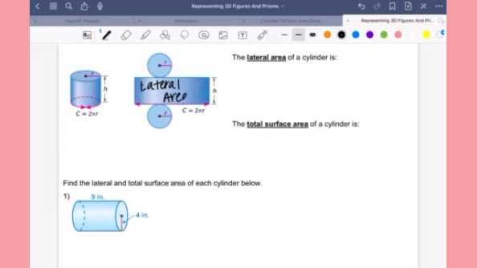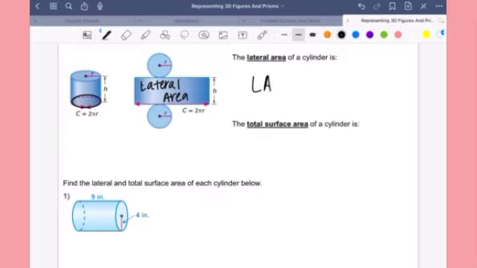Remember, lateral area does not include the ceiling or the floor. It just includes the walls. So in this case, it does not include the circles. So my lateral area, we do have to consider the circumference of the circle. So that's why you have this formula here for the circumference. And this is the formula.